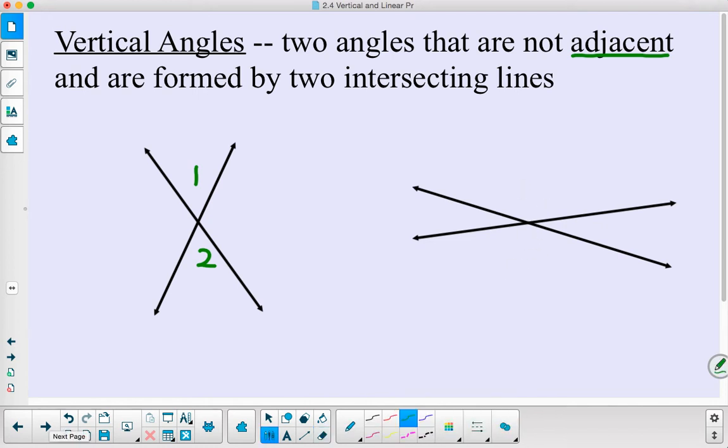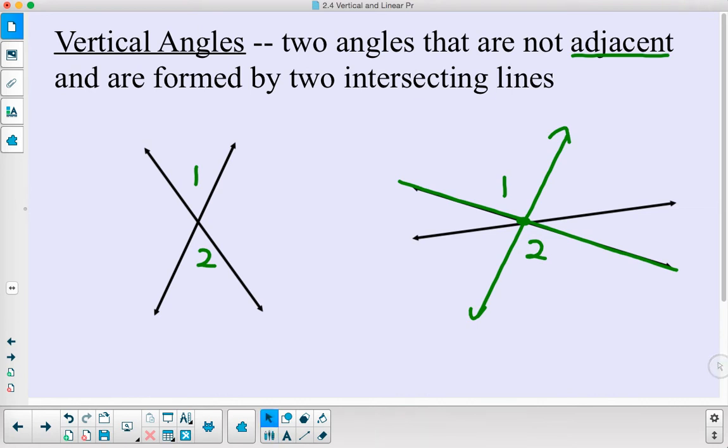Let me add one more line to that diagram. Now that we have 3 lines, we need to be careful which 2 we are using when we talk about vertical angles. If I put a 1 here, now trace those same 2 lines, number 2 right there would be vertical. Let's stick with that same diagram.